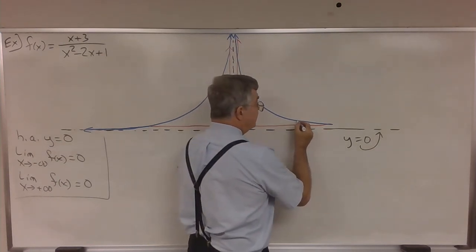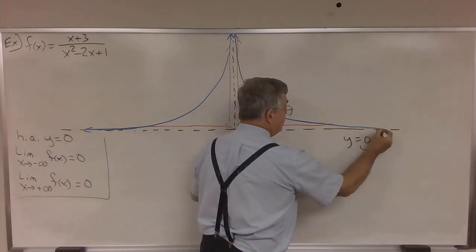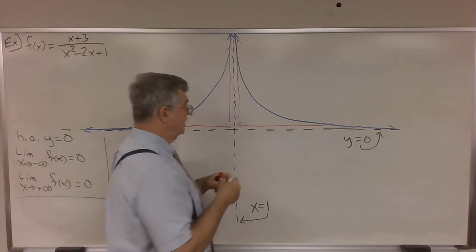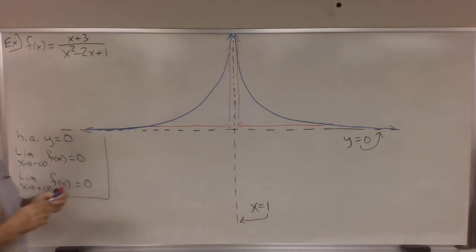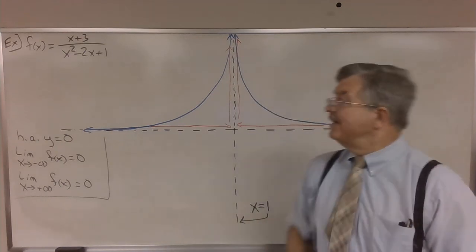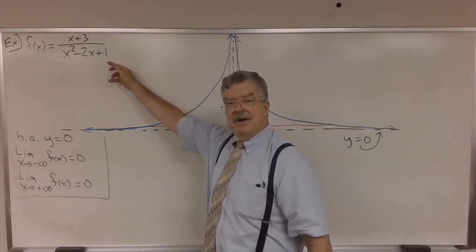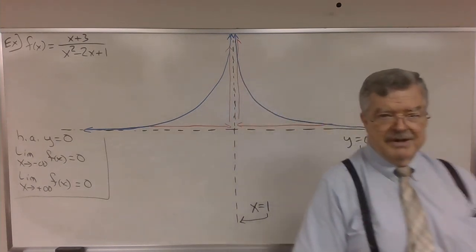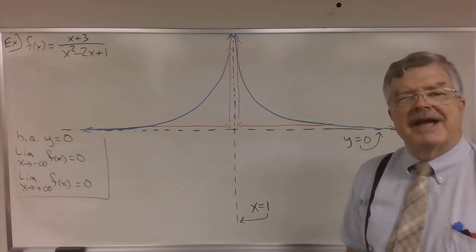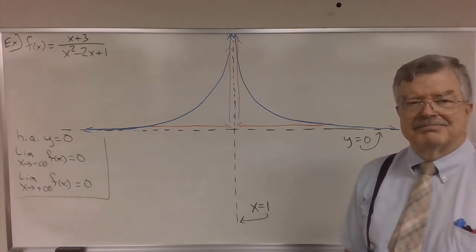So that means that the graph just kind of snuggles up right next to the line y equals 0. And voila! We have created the graph of f of x equals x plus 3 over x squared minus 2x plus 1. And we have done our first graphing exercise with asymptotes.